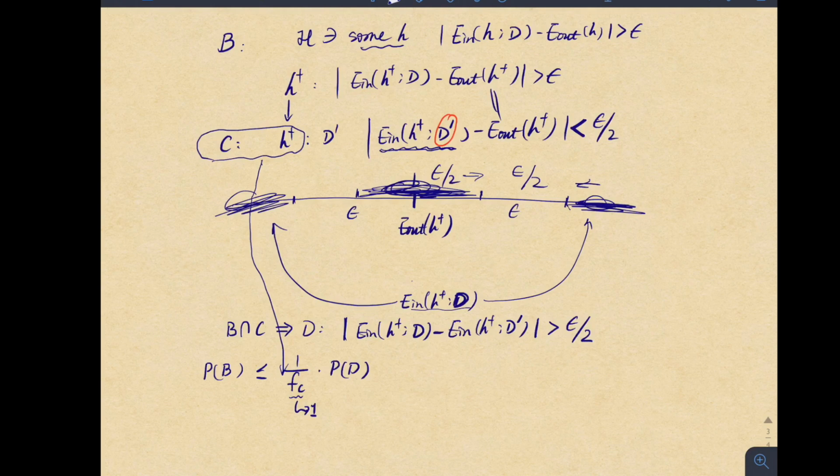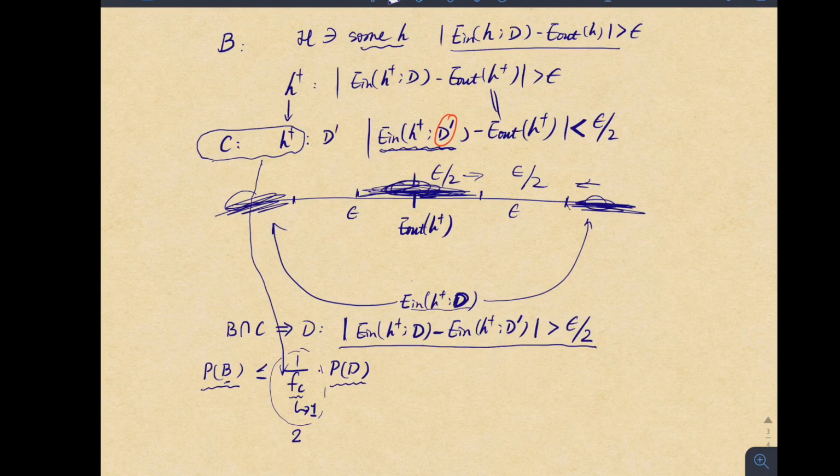That means 1 over Fc will not be a very big value. We can make it a constant, for example, at most 2. Now we can bound the probability of the bad event B using the probability of the bad event D.